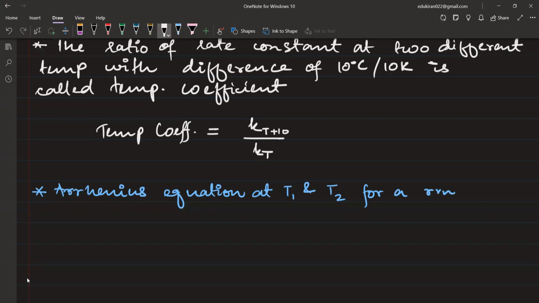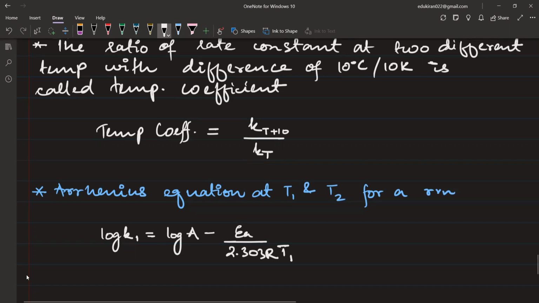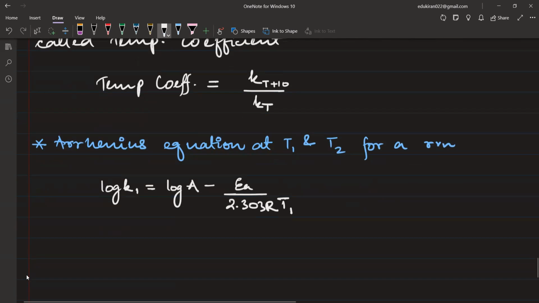Okay, so we can write for the first reaction, log of K1 is equal to log A minus EA upon 2.303 R T1. Okay, and this is for temperature T1.